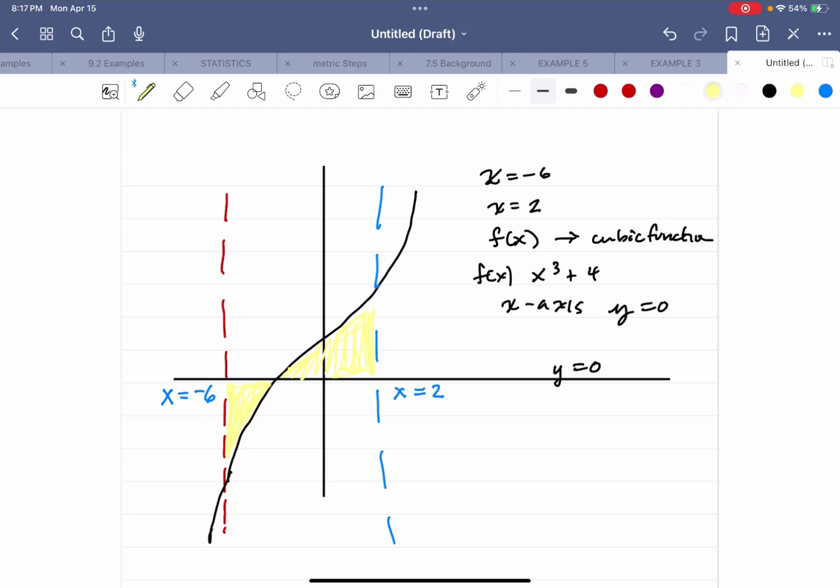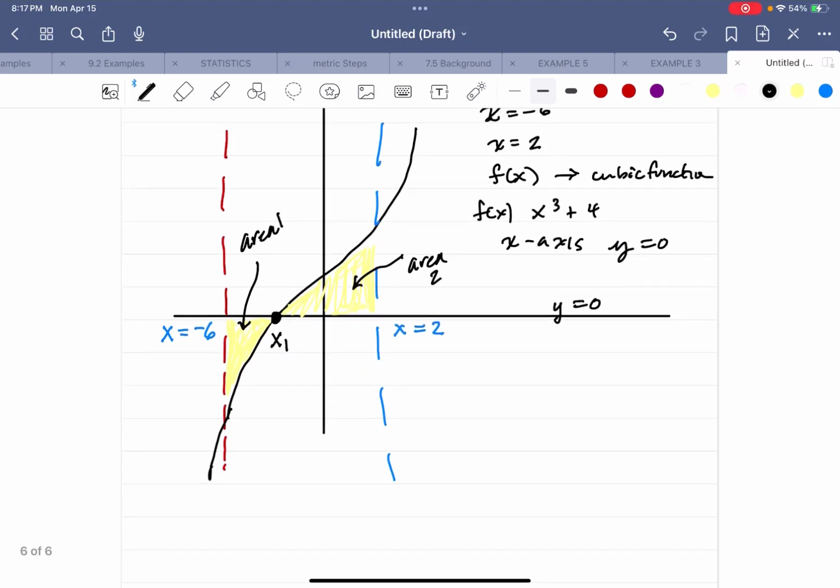And it doesn't necessarily have to be the x-axis. It could be any horizontal line. But we've got to do this in two pieces. We've got to find this value x1 right here, and we've got to do area 1 and area 2. So it's going to be the integral from -6 to x1.